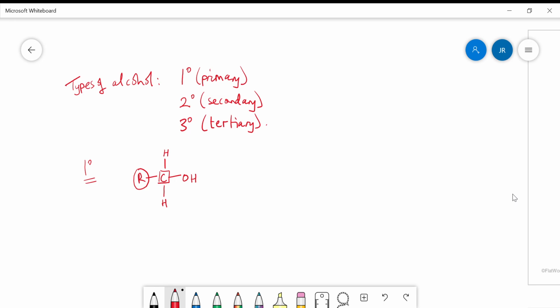So primary alcohols, I think what I want my students to know is primary alcohols can be oxidized, and for now oxidized just means we add oxygen, to give an aldehyde.